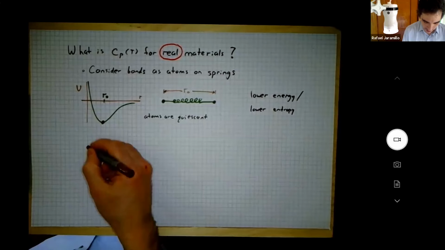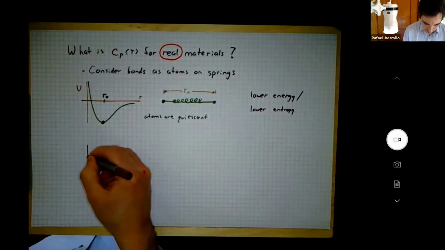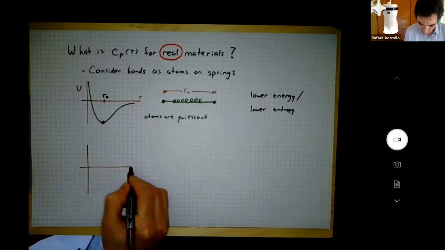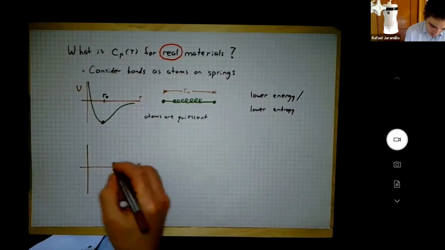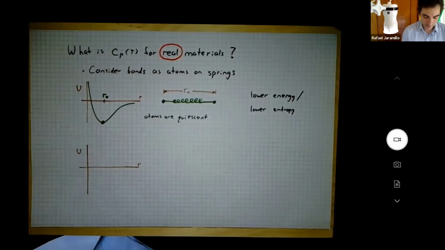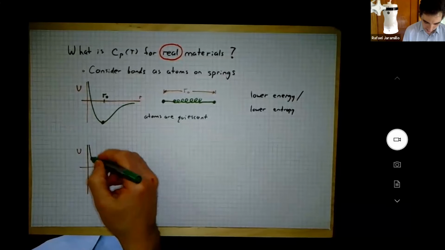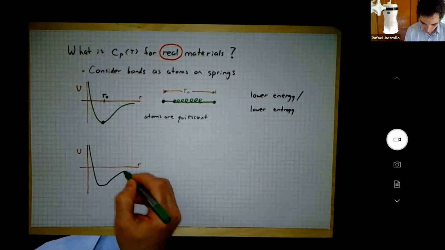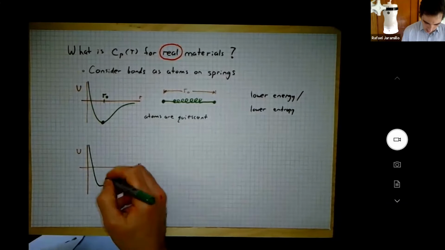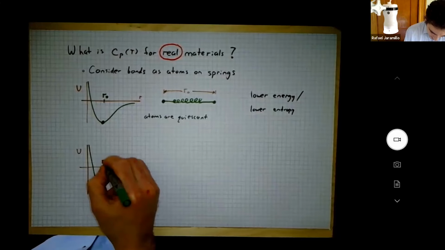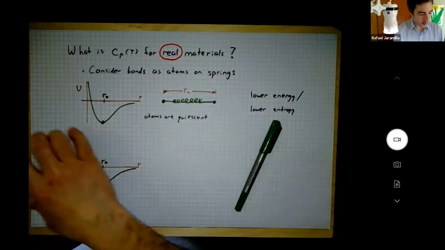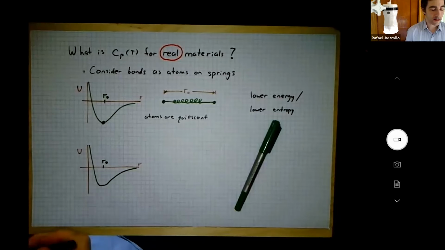Lower than what? Let's draw a higher temperature state. Again, there's R, U. I can never draw the same thing twice, so let's see what happens here. It's not too terrible. All right, so now R naught is still the same. But let's say that now I have more energy in the system.